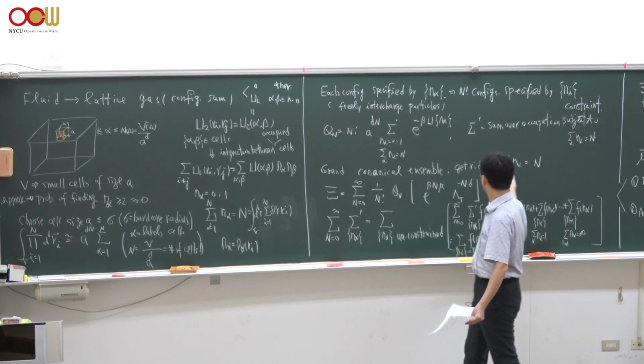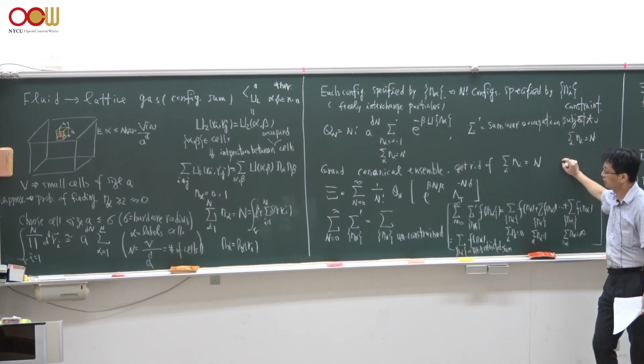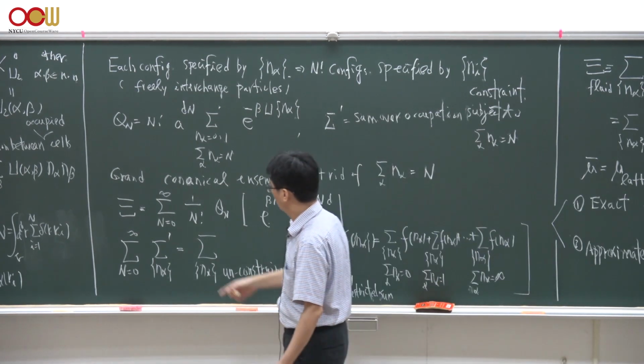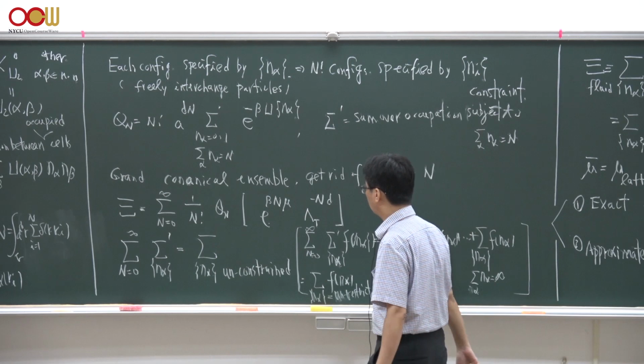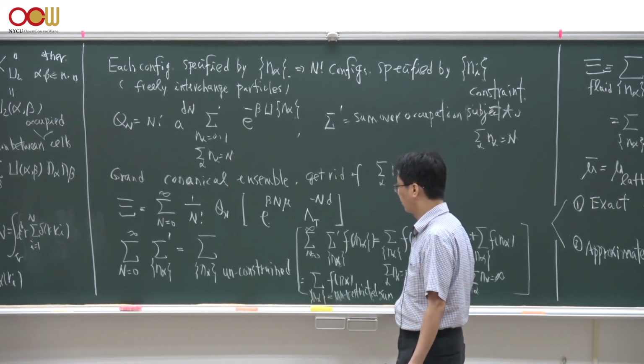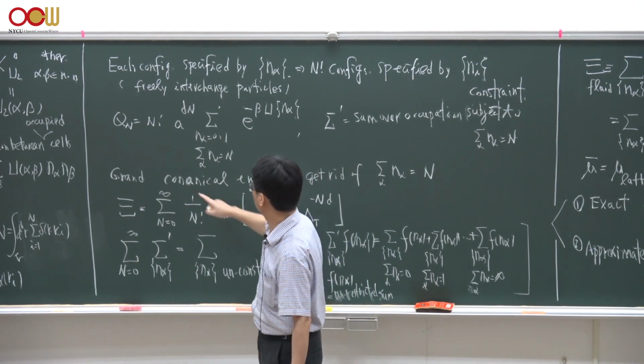But we can get rid of this constraint by going to the grand canonical ensemble. The partition function for this grand canonical system is given by the factor that we introduced earlier. Remember, this Qn is just this Qn here.